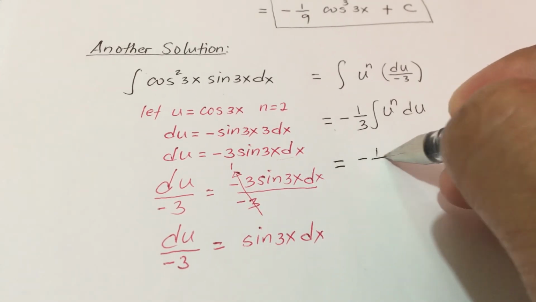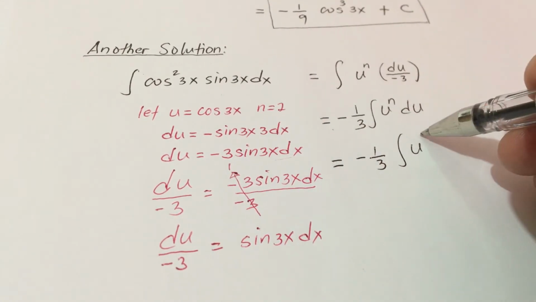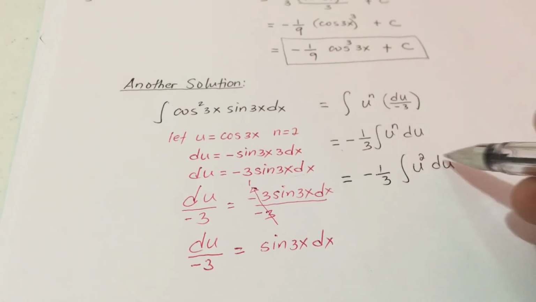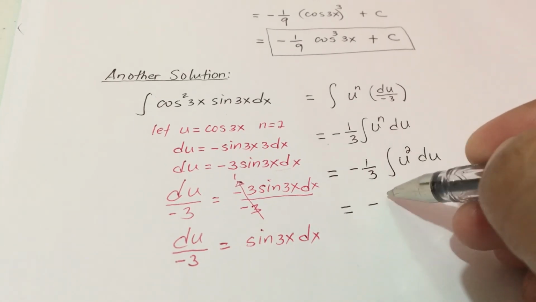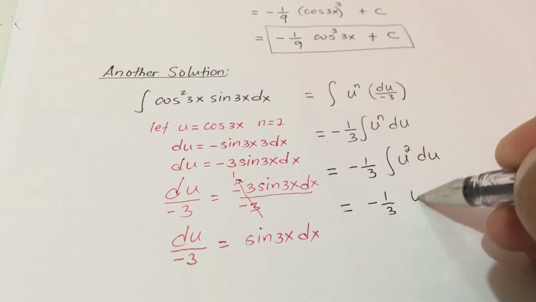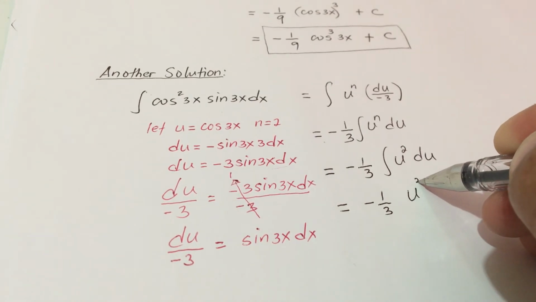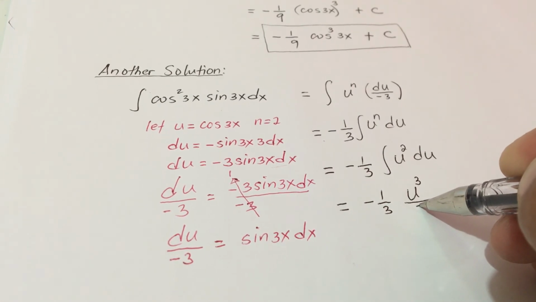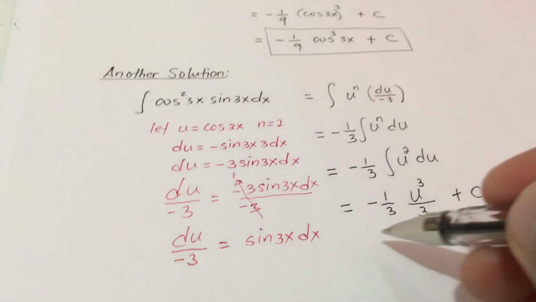So minus 1/3 integral of u to the n, our n is equal to 2, then du. So this is now a perfect du, so we can apply the formula. We have minus 1/3 integral of u to the n du is equal to u to the n plus 1, where our n is 2, so 2 plus 1 is equal to 3, divided by n plus 1, or 3, then plus c.